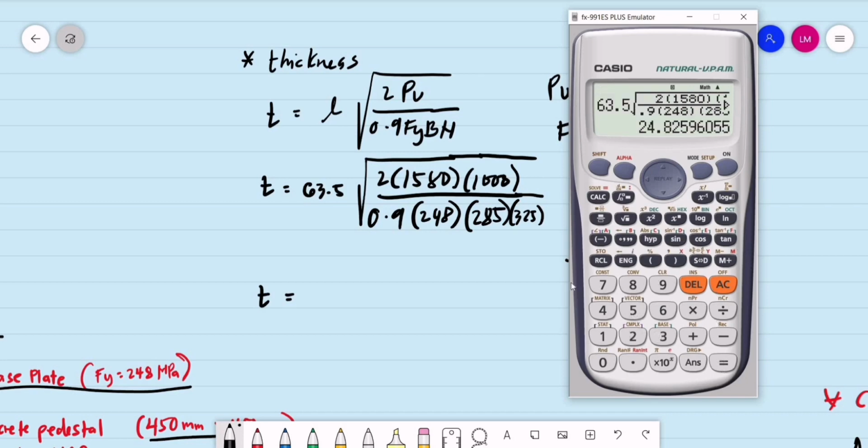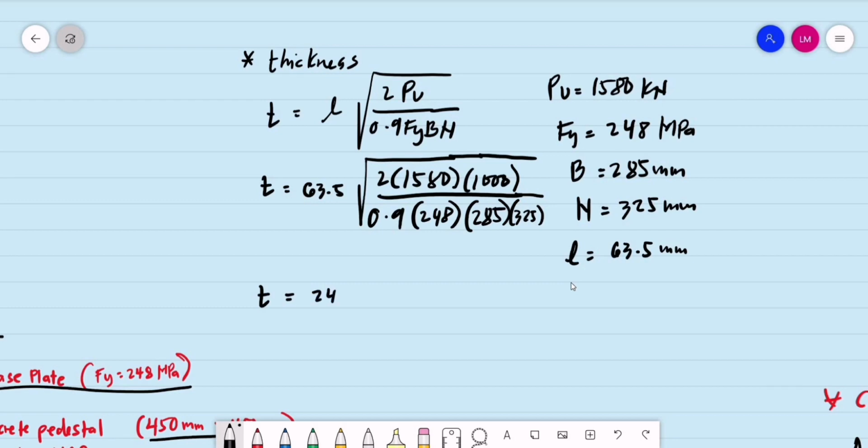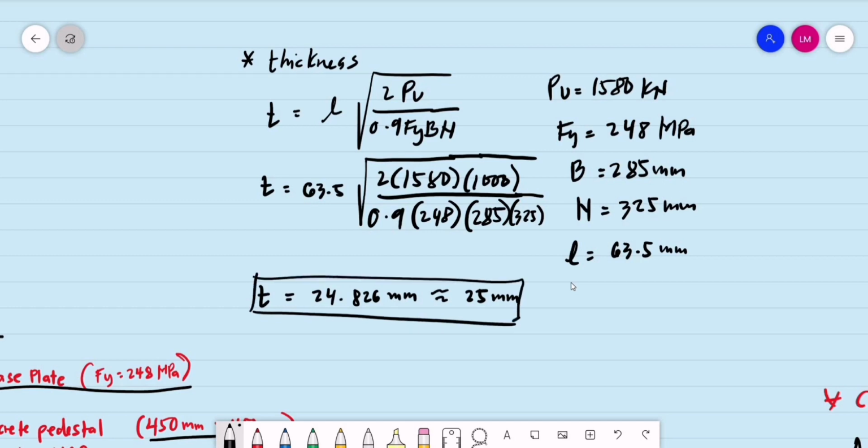Okay, it's 24.826 millimeters. If we round this up to the nearest value divisible by 5, obviously we can have it as 25 millimeters. Okay, so this will be the required thickness.